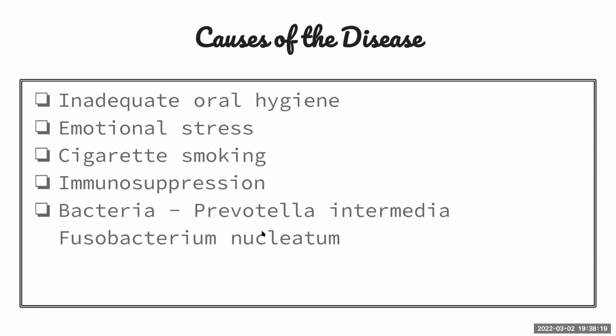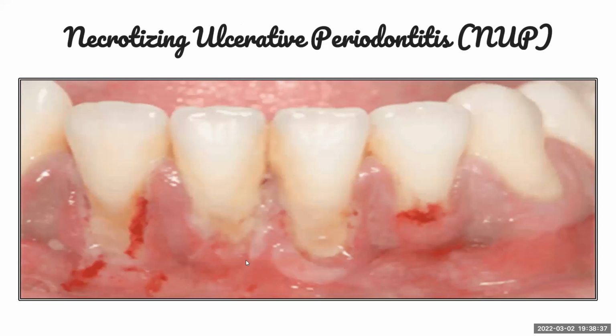The causes, it's usually stress and immunosuppression, lack of proper oral hygiene, where the bacteria just take over. Your P. intermedia and your Fusobacterium take over. Does that look angry or what? Okay, now this is periodontitis because there's attachment loss associated with it.